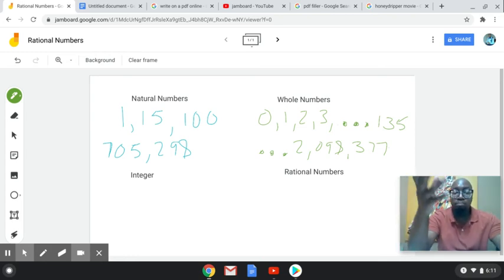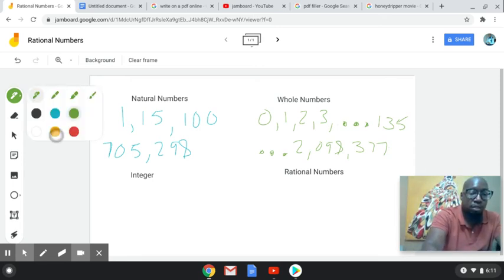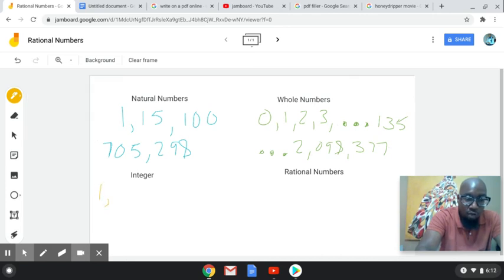Then, when you got to middle school, you were introduced to what is called integers, or an integer. The set of integers is the numbers that contain all of the whole numbers and their opposites. So in this particular case, you not only have one, but you also have negative one.